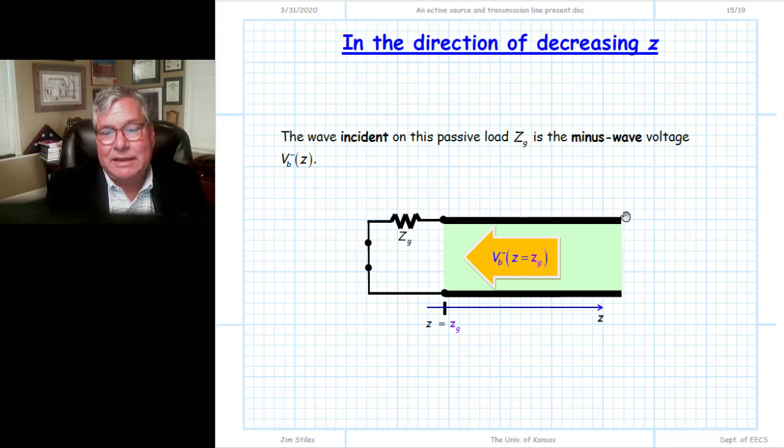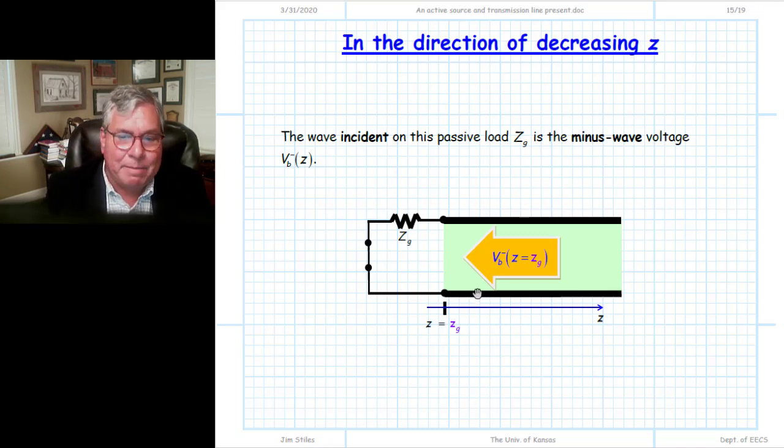Now, normally the passive load is terminated at the other end of the line here on the right side, and so the plus wave is the wave propagating toward the passive load. We say the plus wave is incident on that passive load. Likewise, the wave that's reflected from that passive load is propagating back away from the load, and therefore in the direction of decreasing z, and therefore we have the minus wave. Plus wave is incident on the load, a minus wave is reflected from the load.